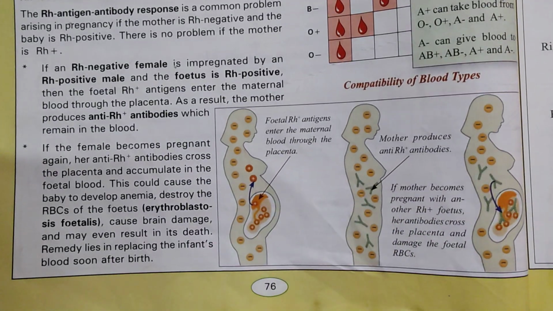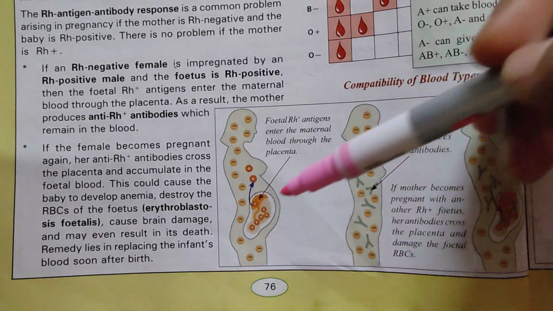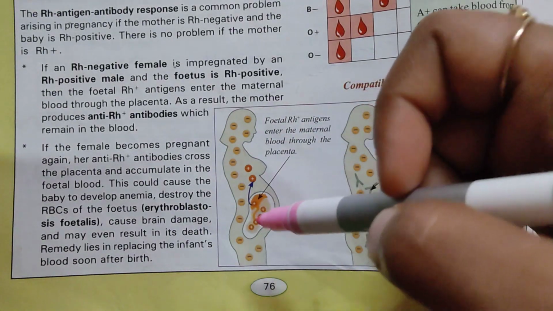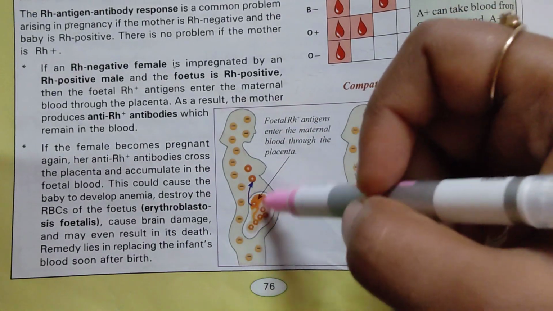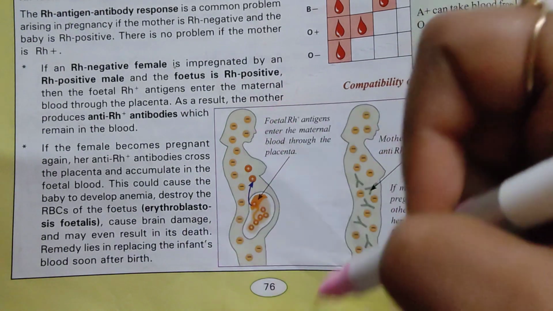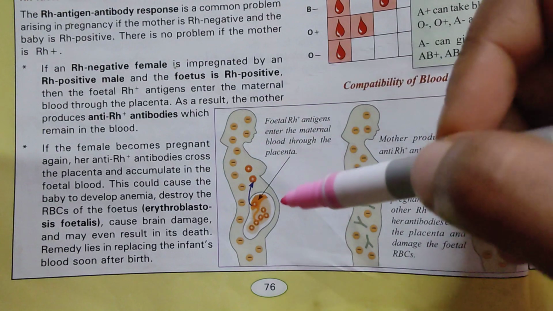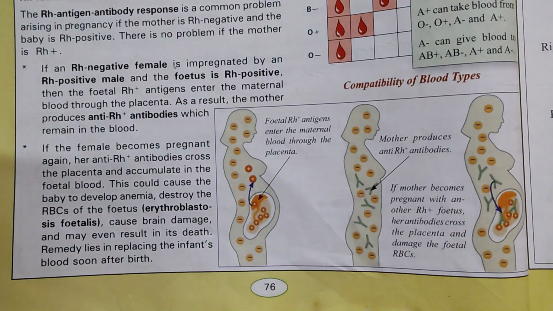In the first pregnancy there will be no such complication, because the body couldn't recognize it from the beginning. When the first baby is in the womb, it passes its blood type, which is positive, to its mother, and the mother's body recognizes it as a foreign particle and creates antibodies for the first time.